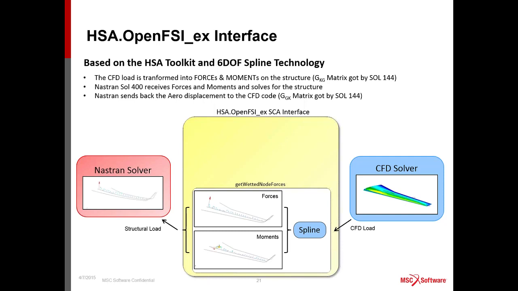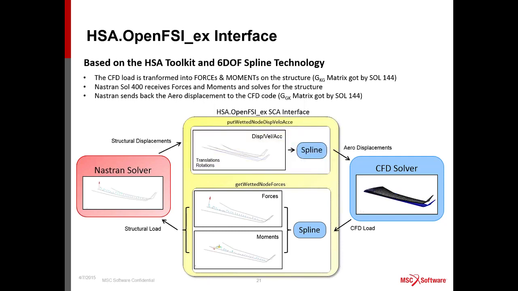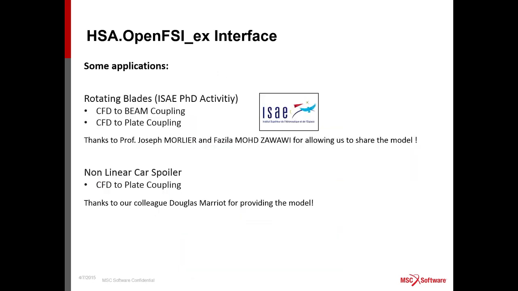This means I get it from the interface and send it to SOL 400. SOL 400 is solved for the structure. When solved for the structural displacement, even the velocity and the acceleration, if you want, they are interpolated by the spline technology to the aerodynamic mesh, and we can get this information to the CFD side.